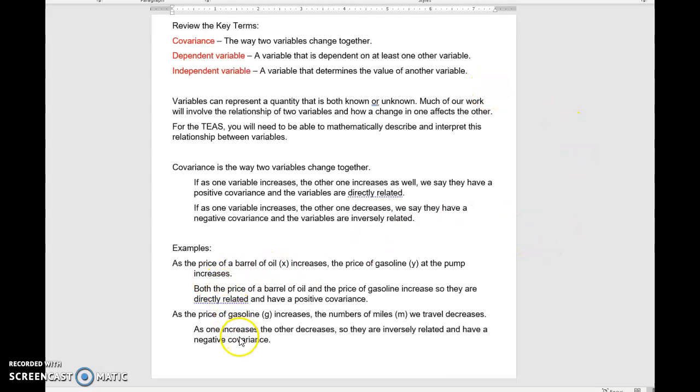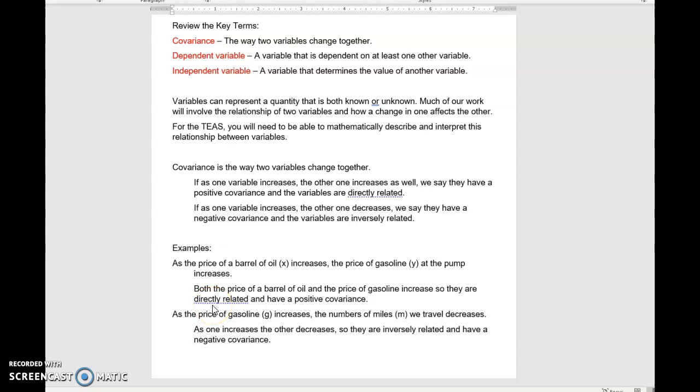Here are a couple other examples where we can see what the covariance is and whether they're directly related, and which are independent variables and dependent variables. As the price of a barrel of oil X increases, the price of gasoline Y at the pump increases also. So both the price of the barrel of oil and the price of the gasoline increase. If we graphed that, we'd have a graph that's going up.